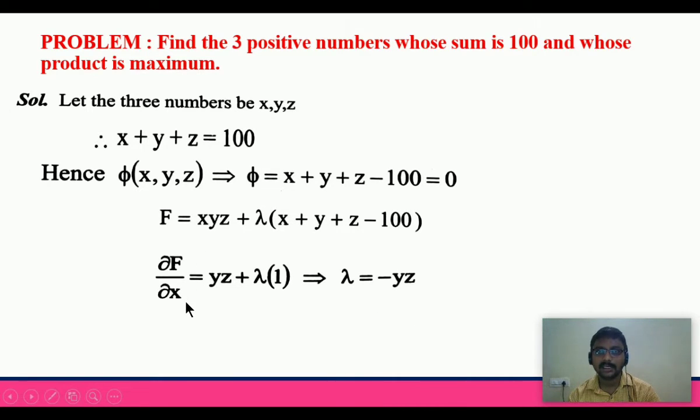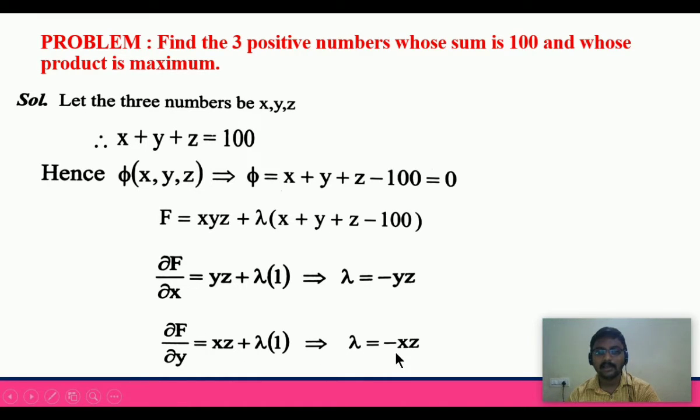While differentiating f partially with respect to x, keep yz constant, x derivative 1, plus lambda into x derivative 1, y derivative 0, z derivative 0, negative 100 derivative 0. So which implies that lambda is negative yz. Similarly, we have to obtain ∂f/∂y, that is differentiating f partially with respect to y.